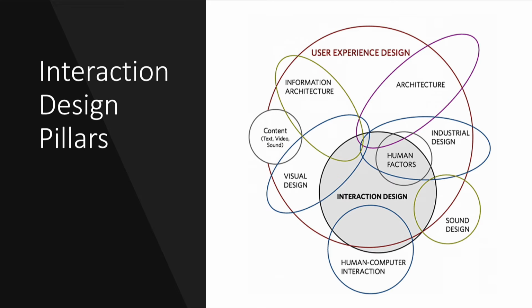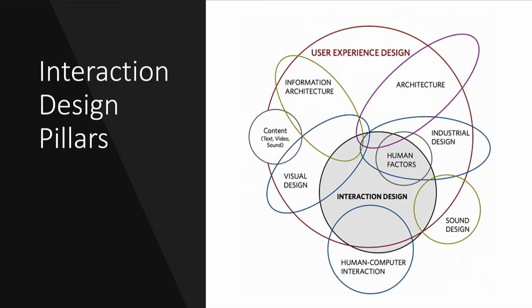I like this diagram called the interaction design pillars because it shows us where those different domains intersect within interaction design and fit within the overall realm of user experience design. In GDS 70, we examine some of these concepts and definitions and how they fit within user experience design.